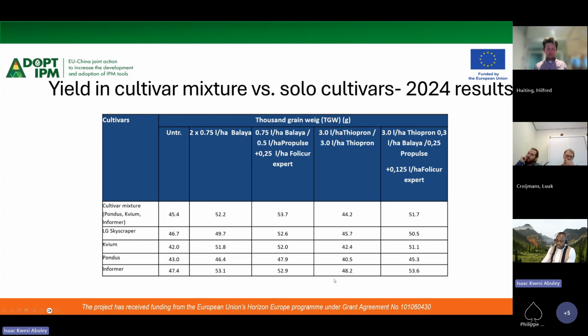In the thioprone treatment, we see that the cultivar mixture had 44.2, which was generally higher than the reference susceptible variety, but also Informa over here. Once again, overall, if you use a mixture, you get some slight benefits, depending on the treatment, but much more when you look at the untreated, where it really makes a lot of difference.